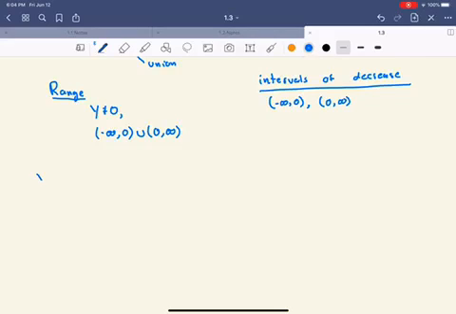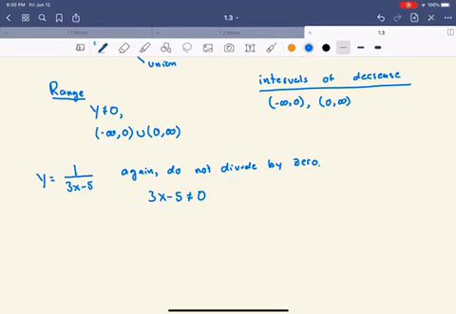Let's take y equals 1 over 3x minus 5. Okay, again, we cannot divide by 0. All right, so we're going to take 3x minus 5 and say that's not allowed to equal 0.